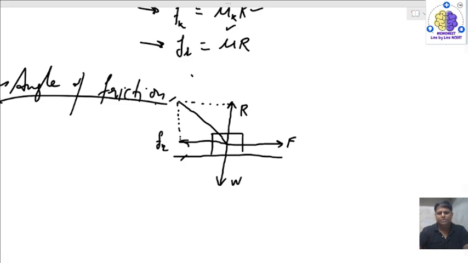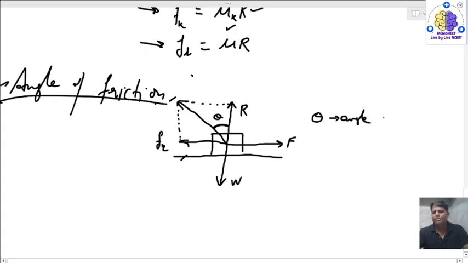The angle between the resultant and the normal reaction force, if I mark it as theta, is called the angle of friction.